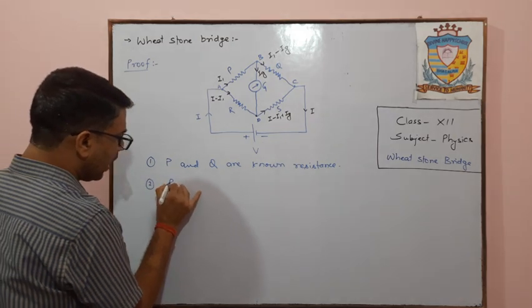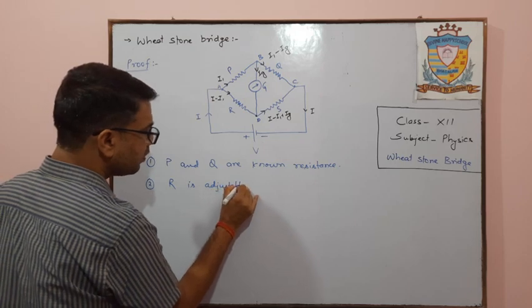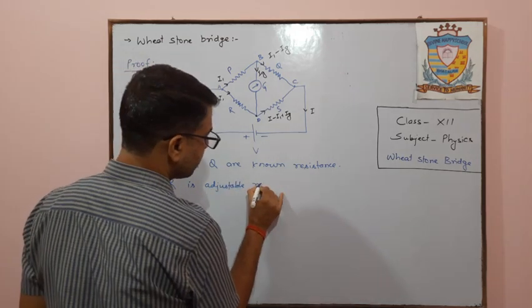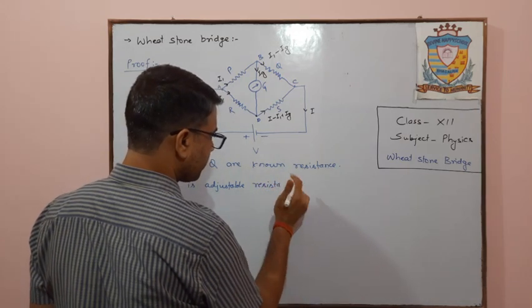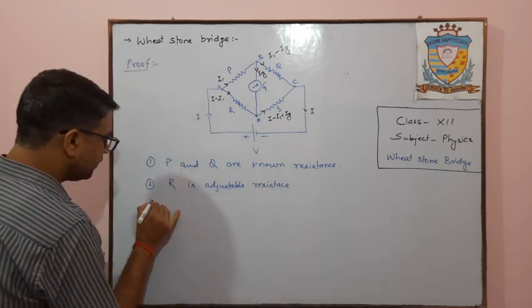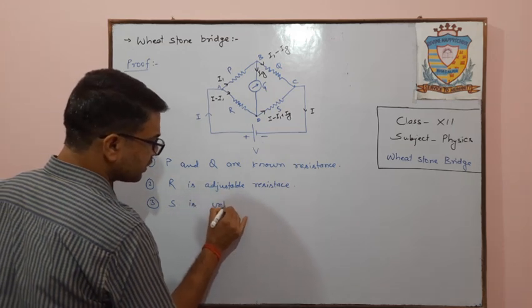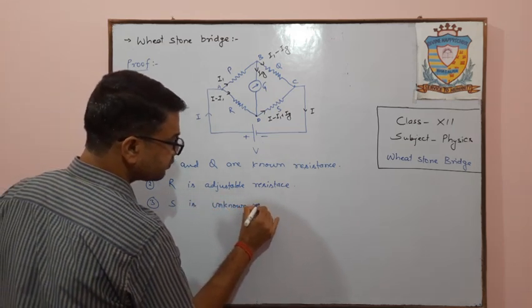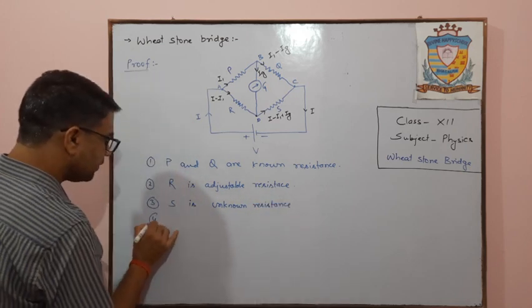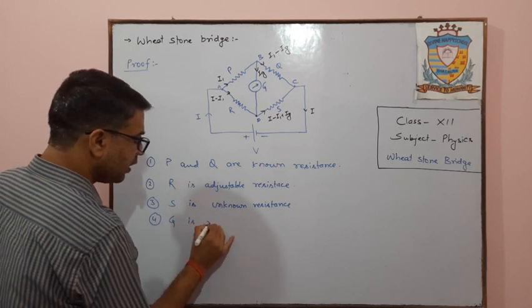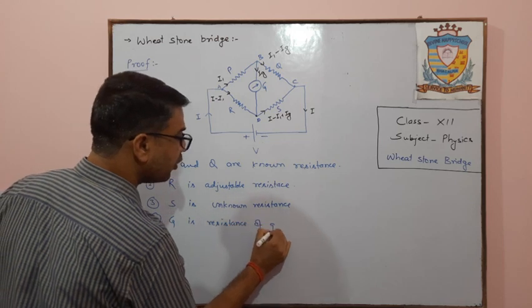Second, R is an adjustable resistance. Third, S is the unknown resistance. And G is the resistance of the galvanometer.